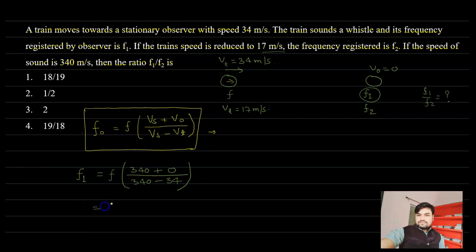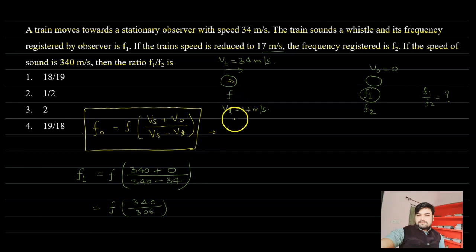So this will become 340 divided by 340 minus 34, which is 306. So this is the frequency observed when velocity of train is 34 meter per second.